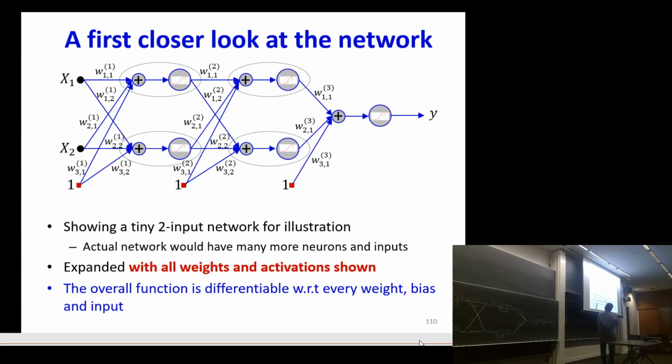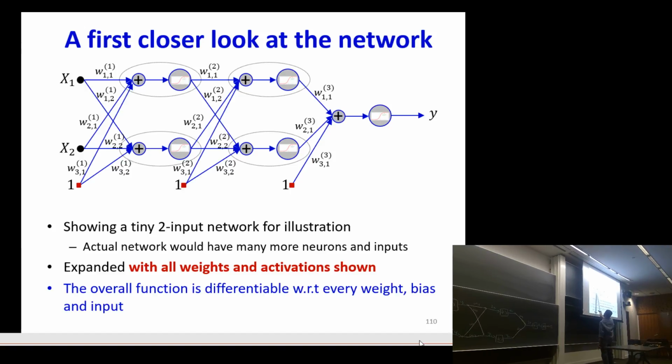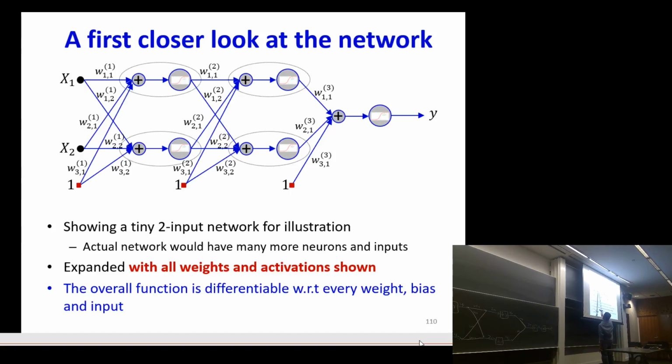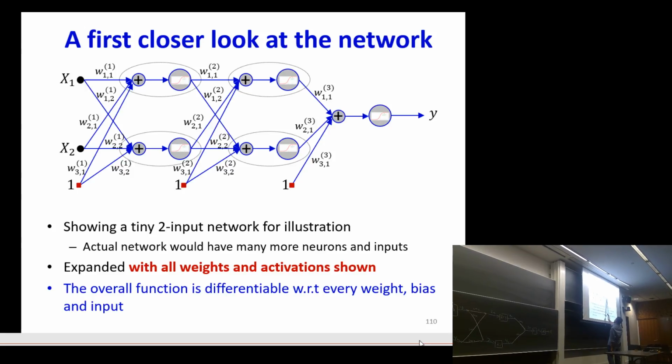It has two subscripts, so weight 32 means that this is the weight of the connection from the third component here to the second neuron over here, right? So here, for example, weight 22 with superscript 2 means that this weight connects to some neuron in the second hidden layer, and it connects the second neuron in the first hidden layer to the second neuron in the second hidden layer. So you get the idea, right?